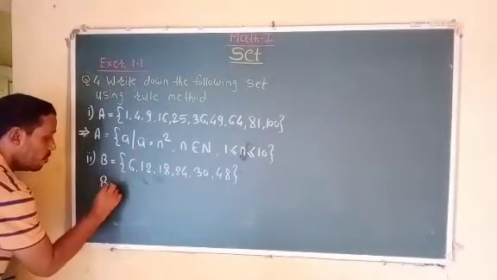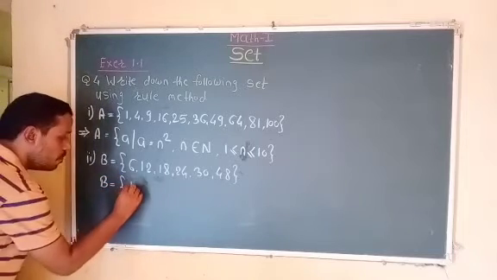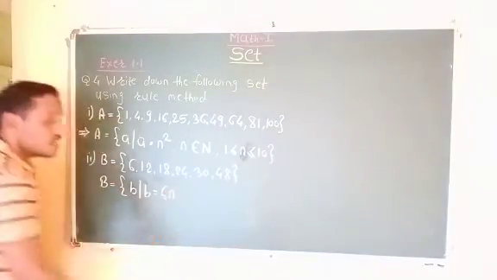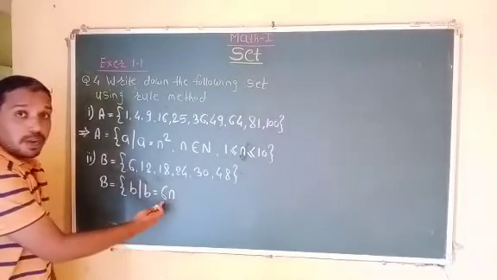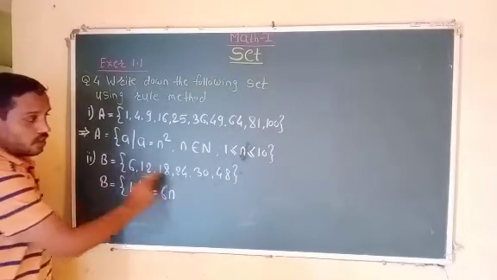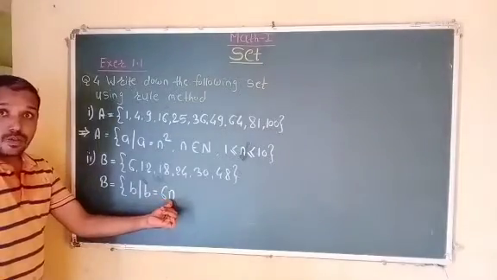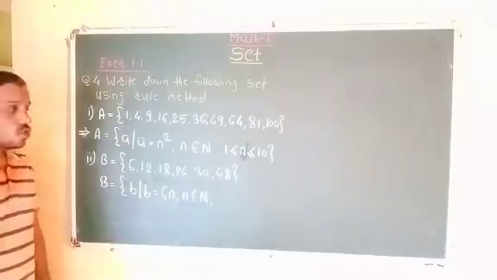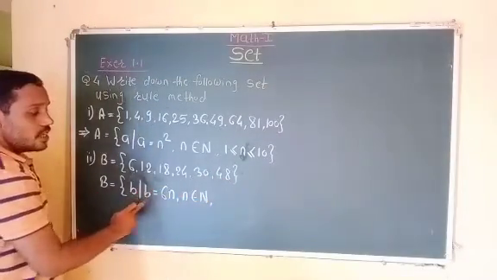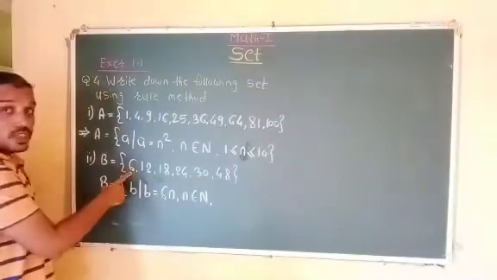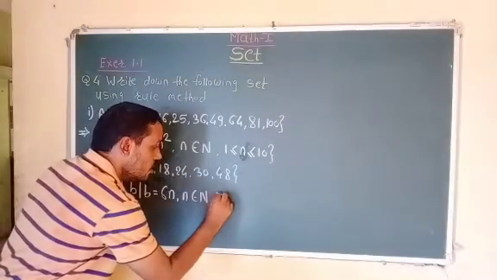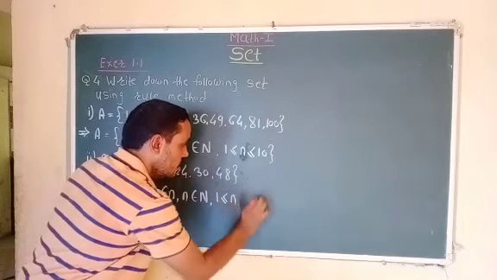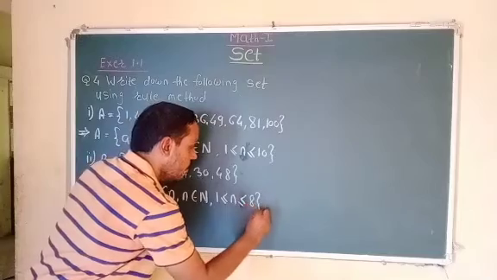So B is equal to, in curly brackets, b such that b is equal to 6n. 6n means n is multiplied by 6, and we can get all these numbers. But what is the value of n? n belongs to the natural numbers. Since 6 times 8 is 48 and 6 times 1 is 6, 1 is less than or equal to n and n is less than or equal to 8.